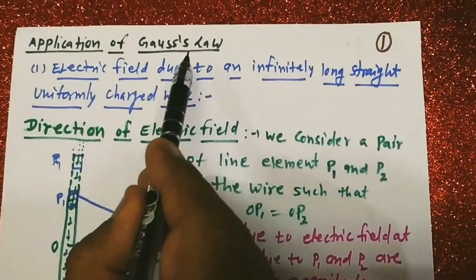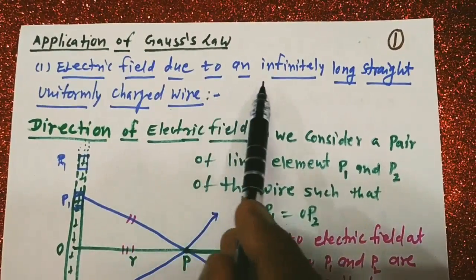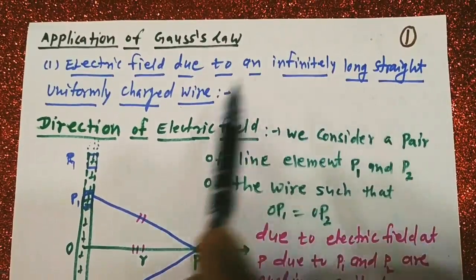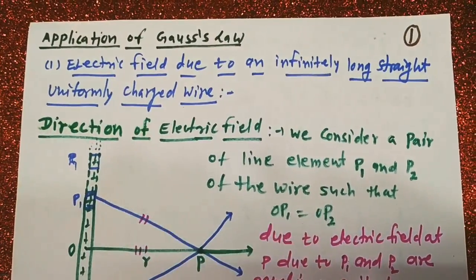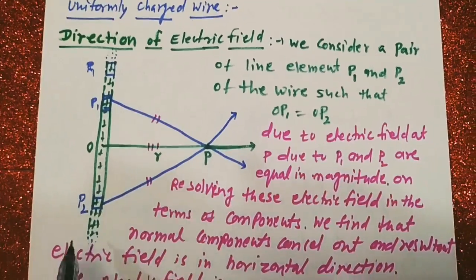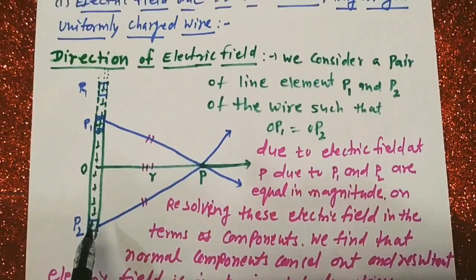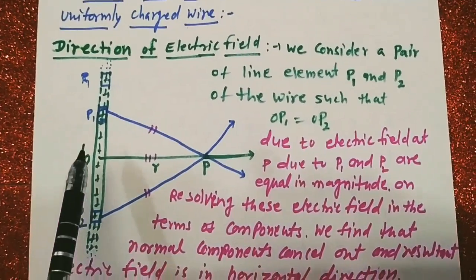Application of Gauss law. First application: electric field due to an infinitely long straight uniformly charged wire. First we will find the direction of electric field. Here is one straight long infinite wire which is uniformly charged.